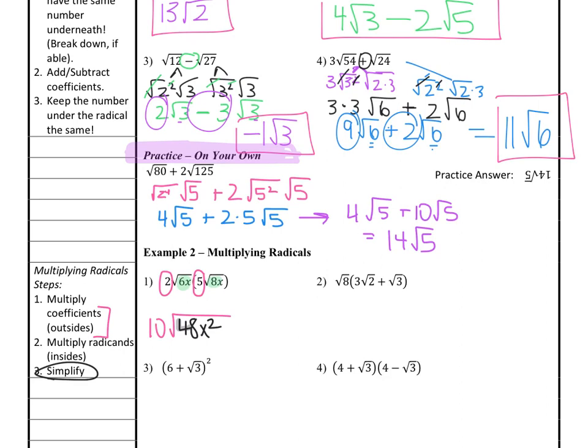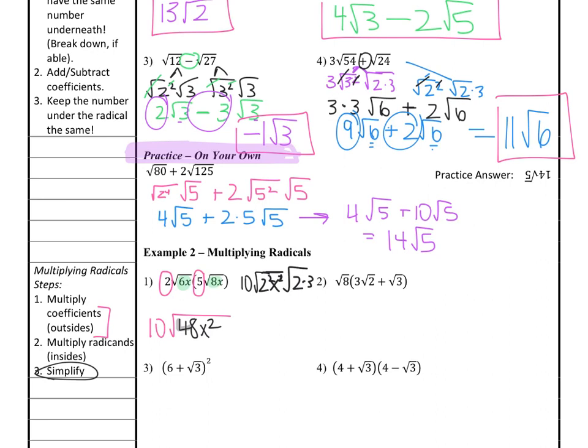Simplifying is your last step in this case, whereas it was your first step in the adding and subtracting. So now I have 10 square root of 2 squared, but then there was still an extra 2 because it was 2 to the third. There's a 3, and then my x squared from that 48x squared should be under the first radical because it can be square rooted.